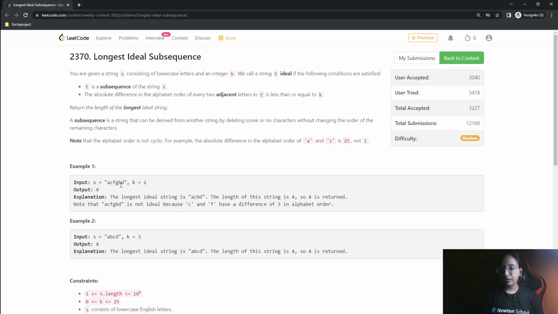So earlier we were having a subsequence of 4, right? So now this new would be discarded because we require the maximum, not the minimum. So like this, we'll go ahead with G and then with B and then D. So at the end, we got our answer that we are having a longest ideal subsequence which is of the length 4.